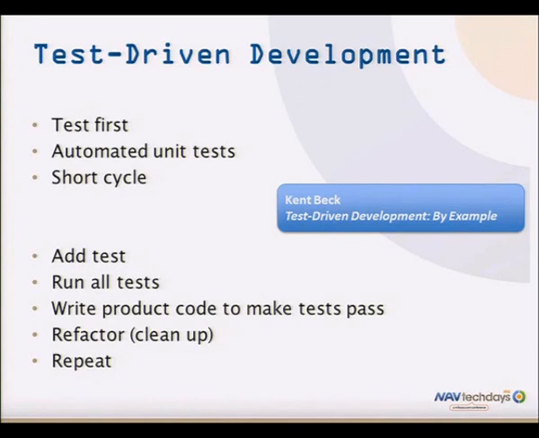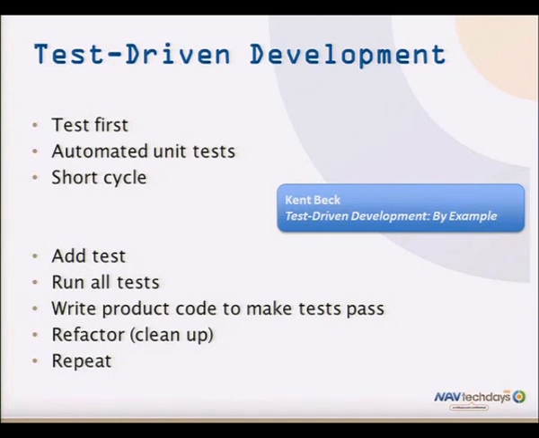There's this book written by Kent Beck, a pretty famous software engineer, and he introduced or reintroduced this approach of developing product code by starting out with writing the tests. Intuitively it sounds a bit weird to write tests before you write any product code, but I will demo how that works in a few seconds.